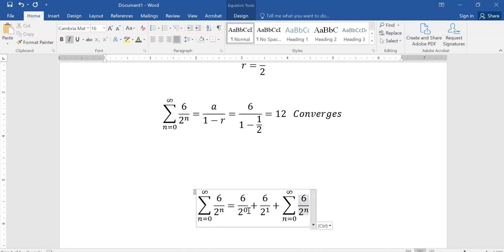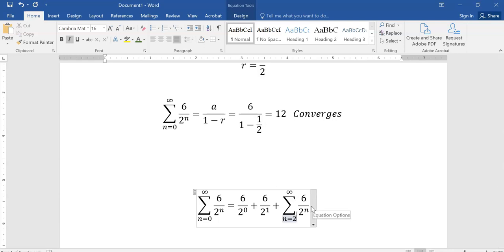And then the rest would have been the second power, the third power, the fourth power, n equals 2. So the summation from 0 to infinity can be broken down as the 0 term of the underlying sequence, which is 6 over 2 to the 0, the second term, which is 6 over 2 to the 1, and then the summation that I want.